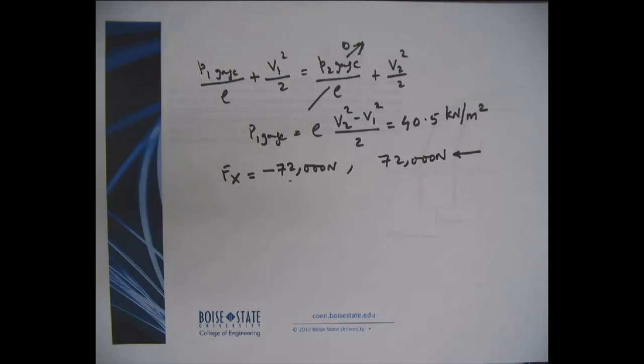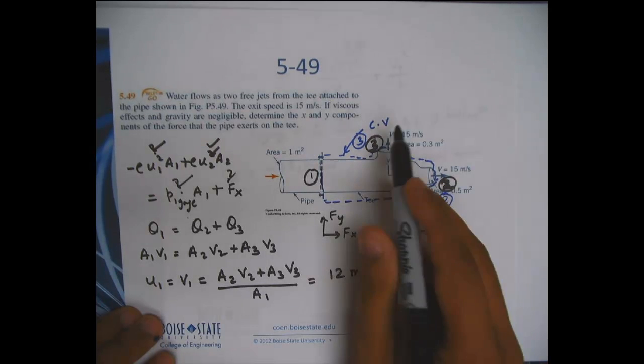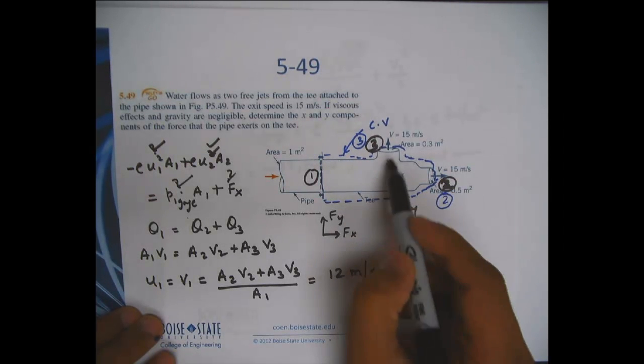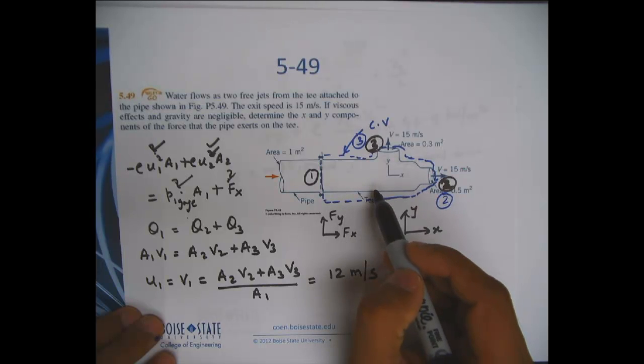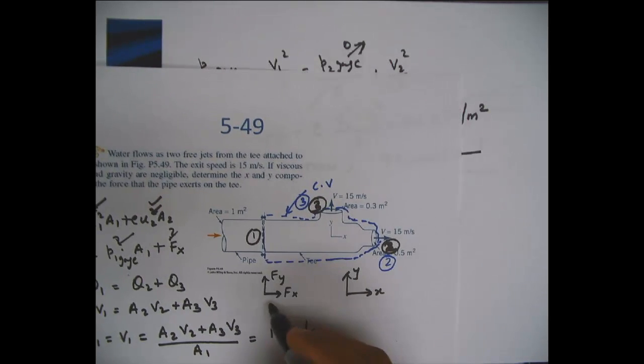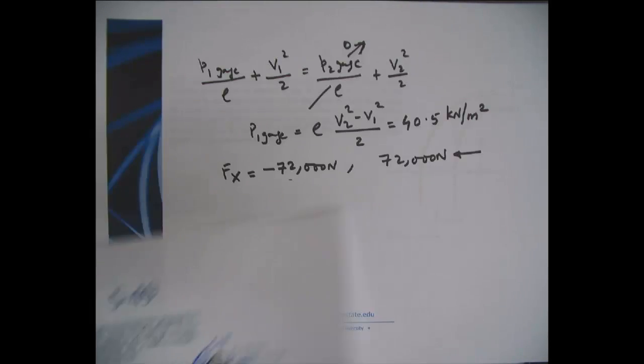Okay, and we are also asked to determine the y component, which should be straightforward. So now we can apply the conservation of linear momentum in the y direction. You see that there is only one cross section here where there is a y component of velocity, which should be equal to the sum of the y forces, which is just Fy here.